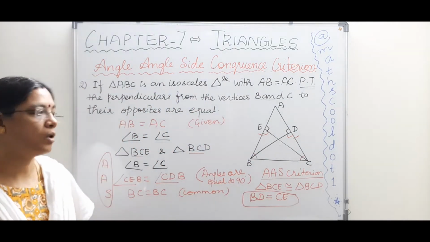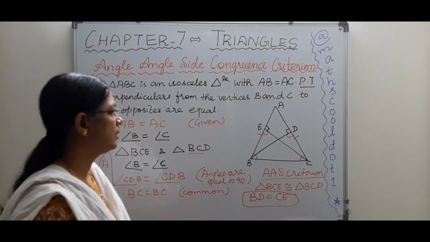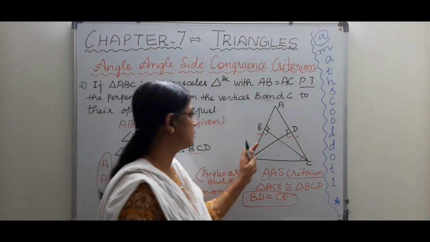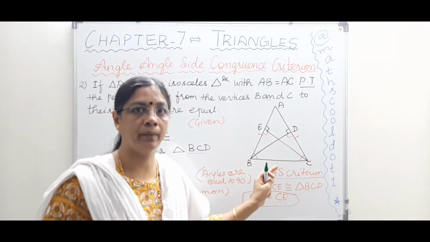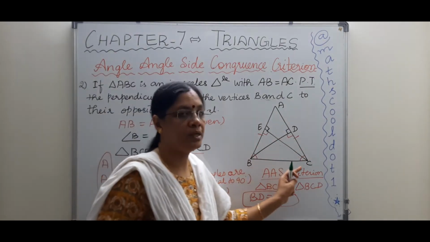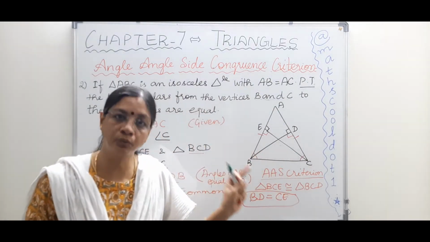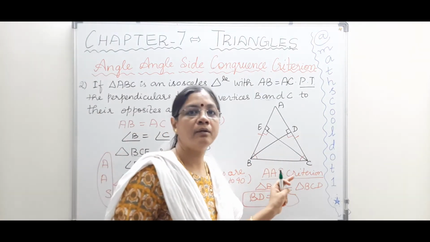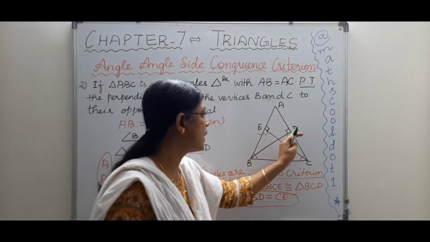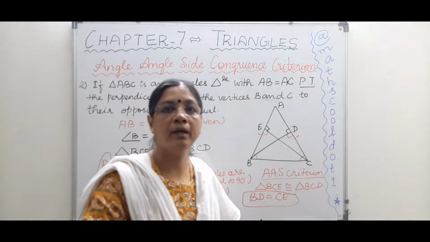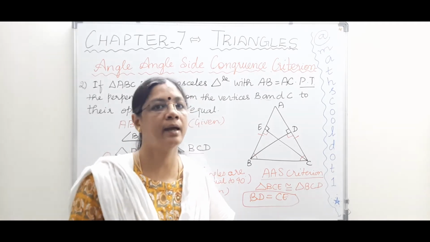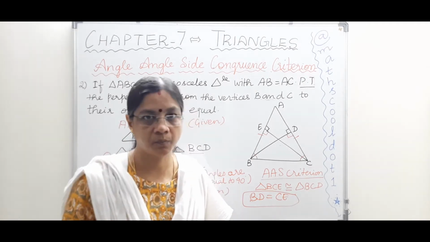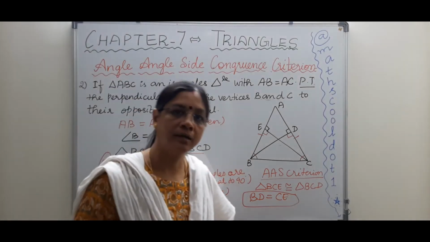Do you understand? So how do we use the theorem? When sides are equal, the angles opposite to them are equal, and with that we proceed. Having spotted two triangles in this, we are trying to prove that the perpendiculars are equal by finding two angles and one side to be equal. The corresponding two angles and the corresponding side of the two triangles are equal.